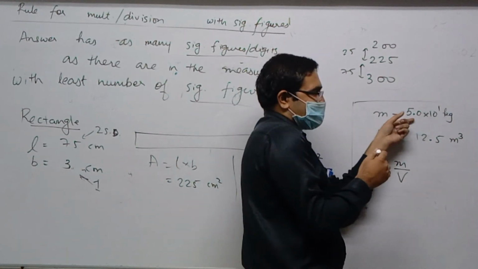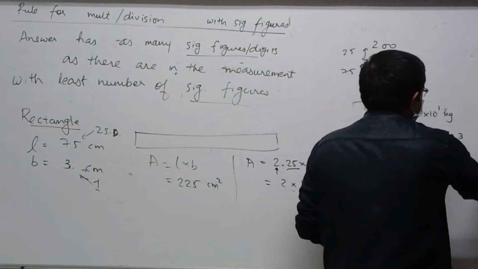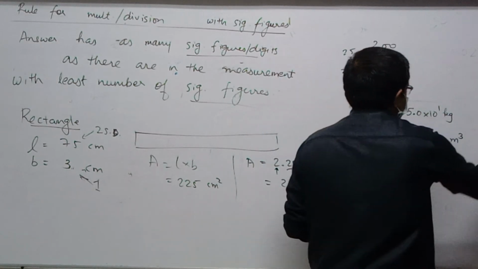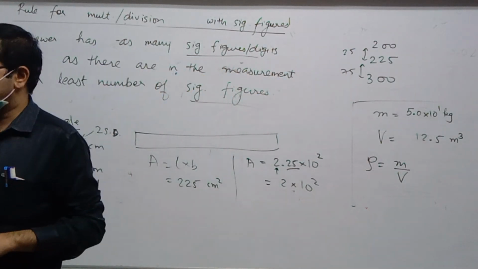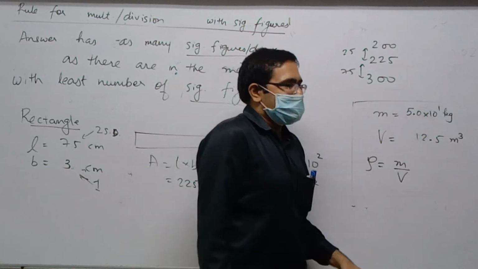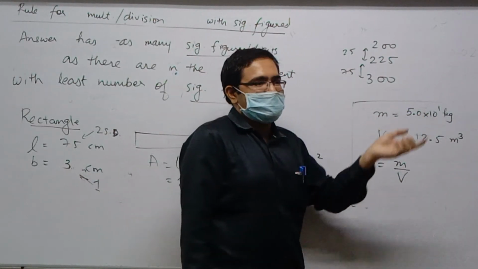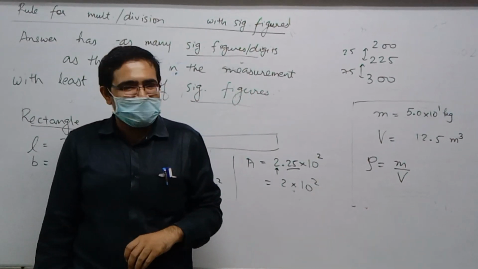So how many significant digits here? 1, 2, 2. 5 is significant, yes or no? Yes. Then this is a number with a point, yes or no? Yes. In a number with a point, the zeros at the back, significant or not significant? Significant.